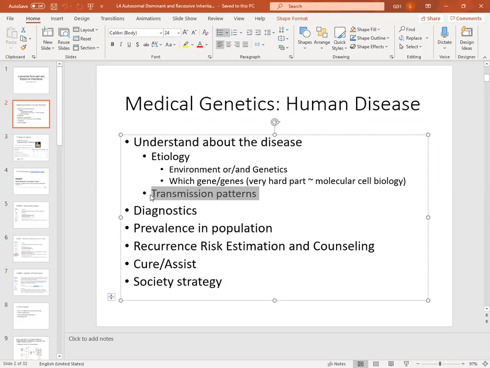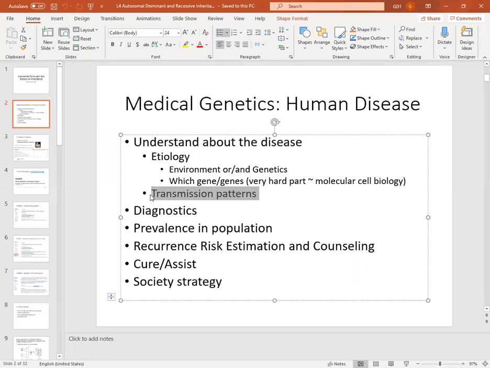We have to interact with people who have the virus to get that virus to infect our body. So that is transmission. But in genetic transmission, we're talking about one generation to the next generation. I mean, from my body to my son or my daughter. So the pattern of transmission is also very important.